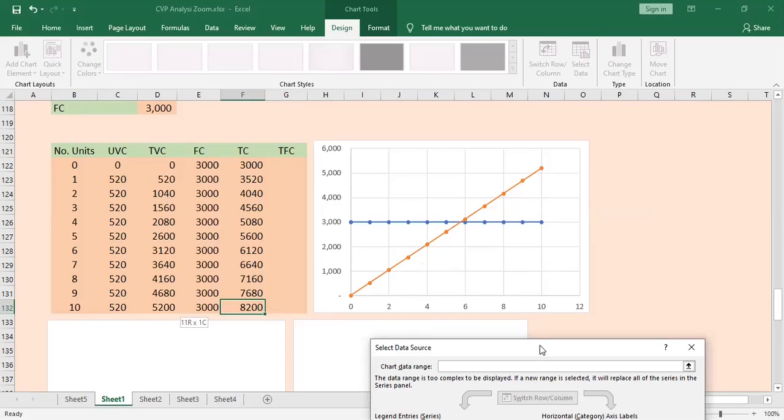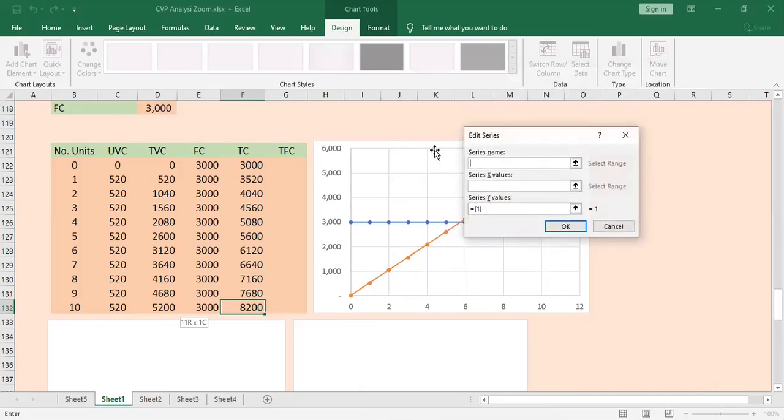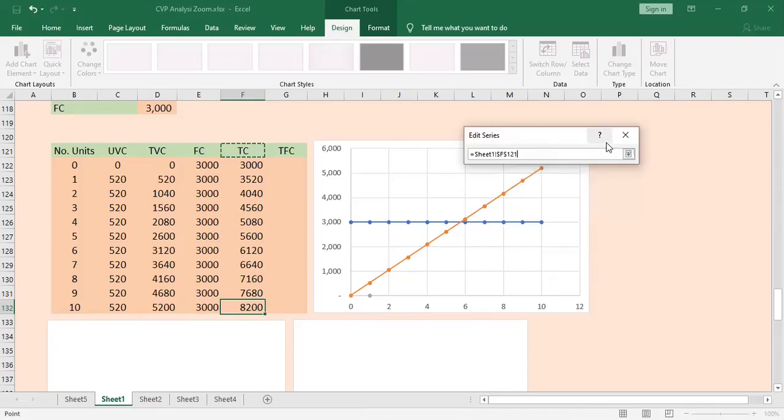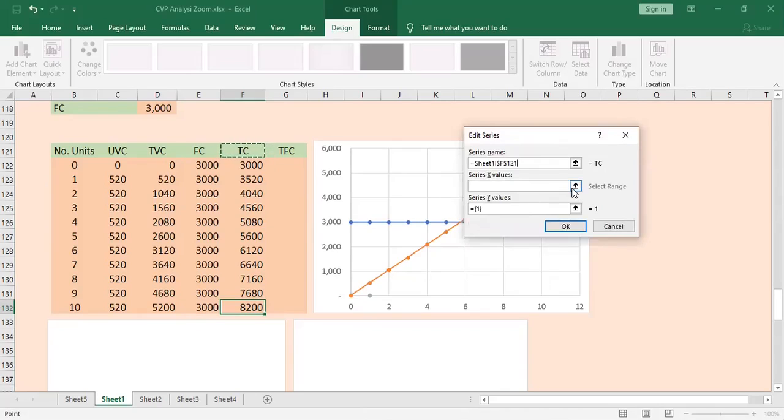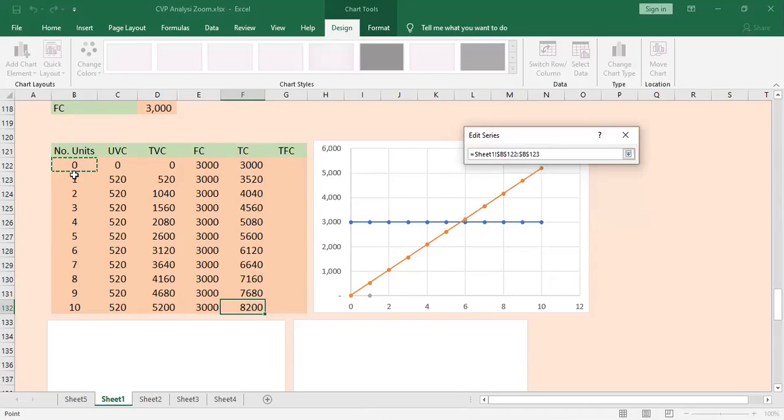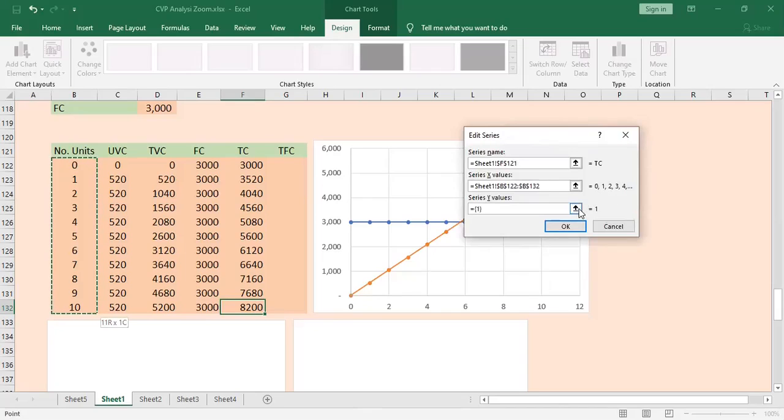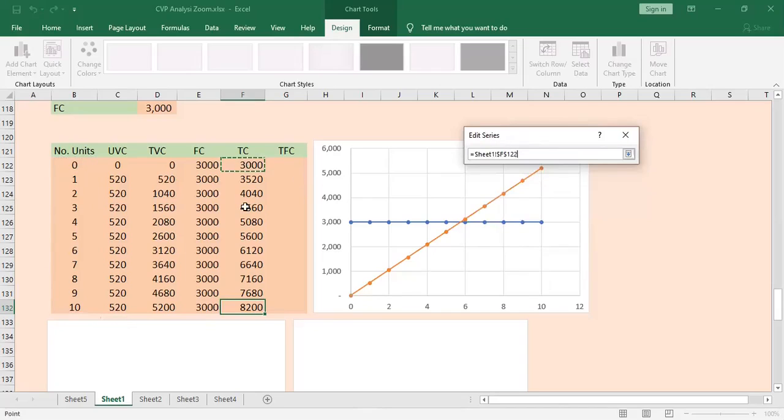Then I am going to add total cost. Same thing here, the x-axis would be number of units and y is the total cost.